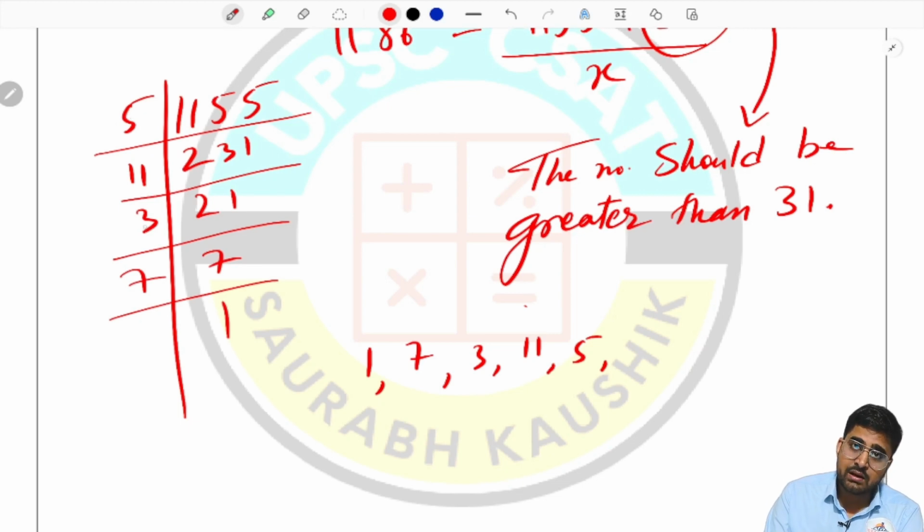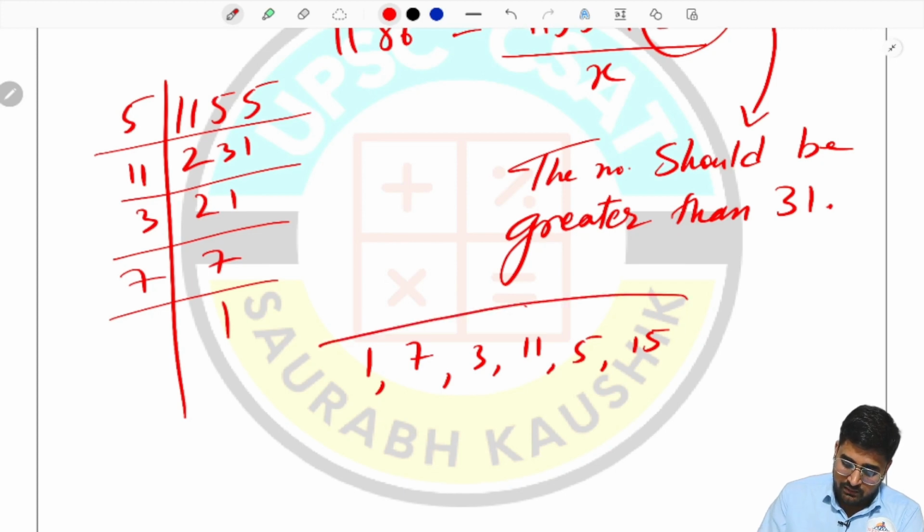But 5 into 3 is 15, which is not greater than 31. 5 into 7 is 35, which is greater than 31.